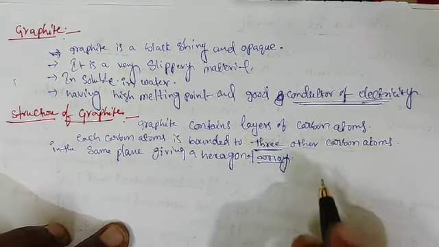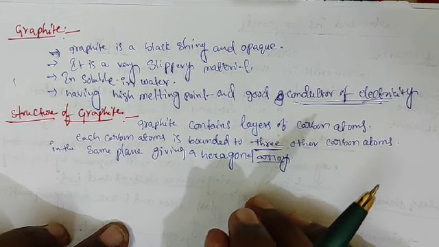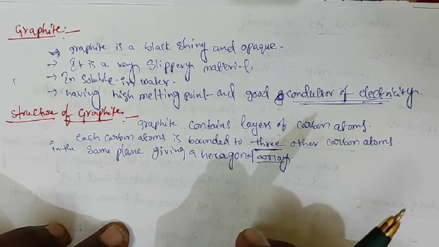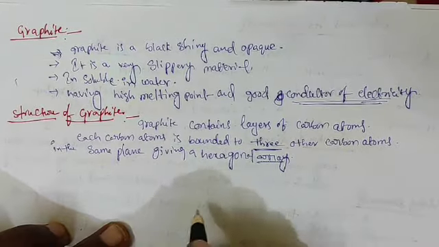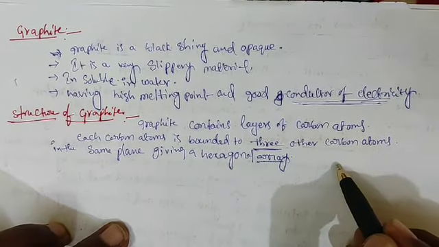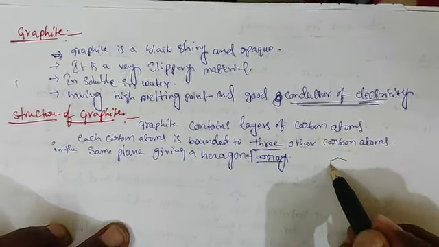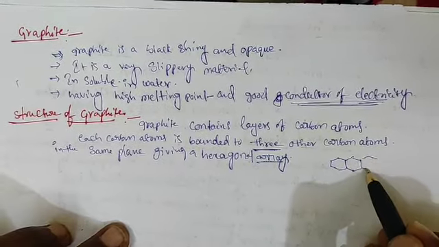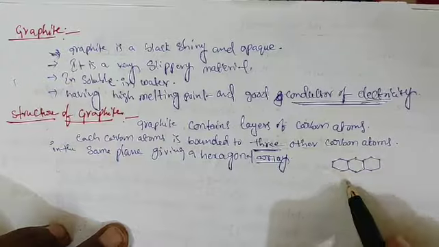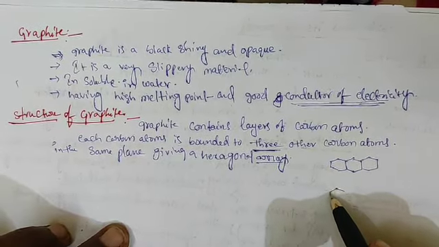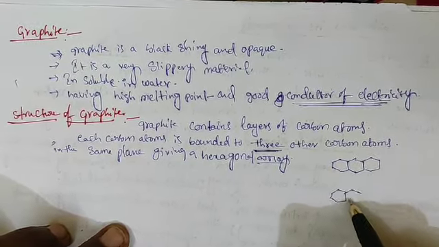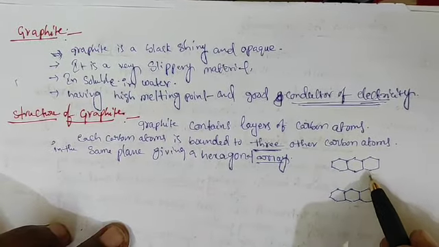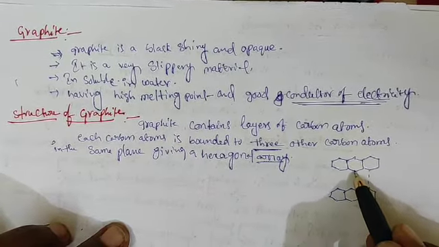So the graphite structure formed by the hexagons is placed in layers, with one layer above and one layer below, like how I will show you here. So this is one structure and this is one more layer. All are in the same plane means it will show like this.